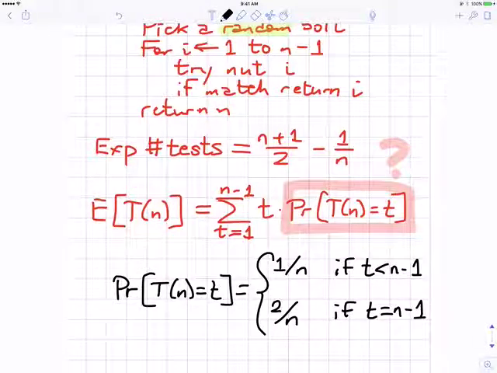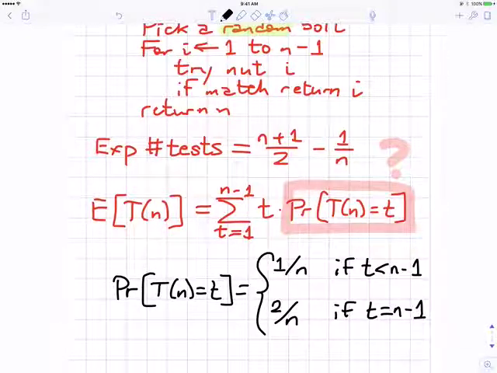In either of those 2 possibilities, the algorithm will perform exactly n minus 1 tests. But let's say n is big, the probability that T of n is equal to 5 is the probability that the bolt matches nut 5. But I chose the bolt uniformly at random, so the one that matches nut 5 had the same chance of being chosen as any other. So its probability is 1 over n.